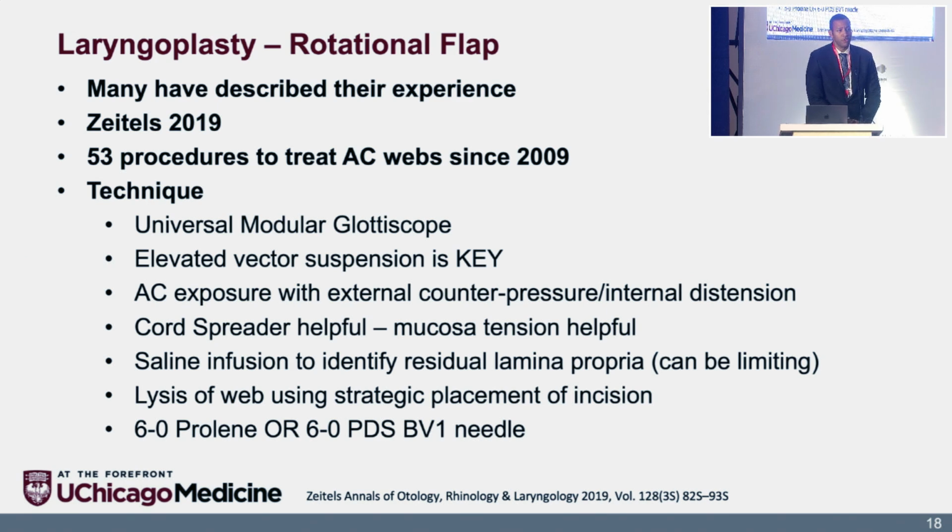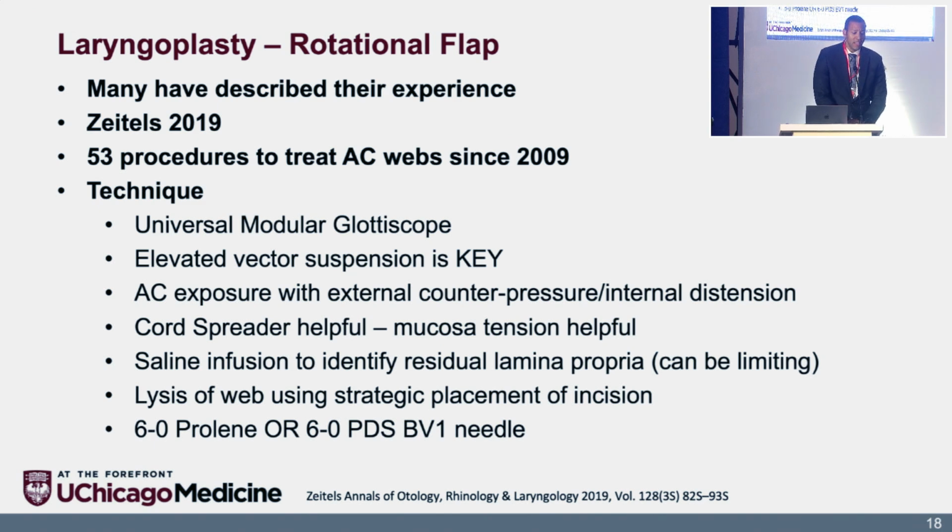The first thing you want to make sure is that you have a scope that gives you the appropriate visualization and exposure of the anterior glottic web. So I use a universal modular scope, glottoscope, that actually helps access the anterior glottic web. You want to make sure that you're using elevated vector suspension, which gives you the best exposure of the anterior glottis. Finally, you want to use a cord spreader to put the mucosa under tension.